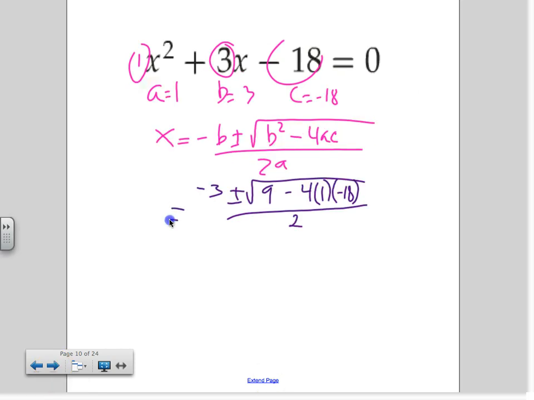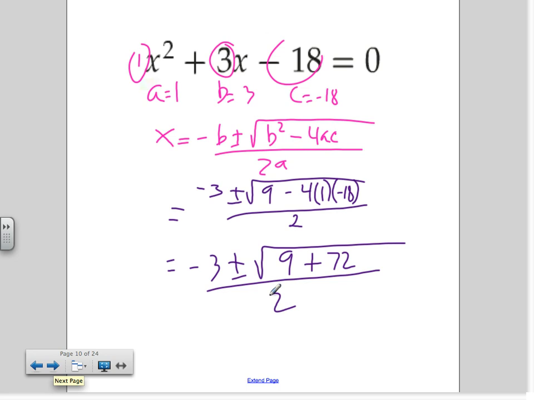Moving on. Equals negative 3 plus or minus. Okay, let's check it out. This is 9. What is negative 4 times 1? Negative 4. Negative 4 times negative 18. Positive 72. Oh, look. Before I start solving again, I look inside the square root sign, and what's that value? 81. That 81 is called?